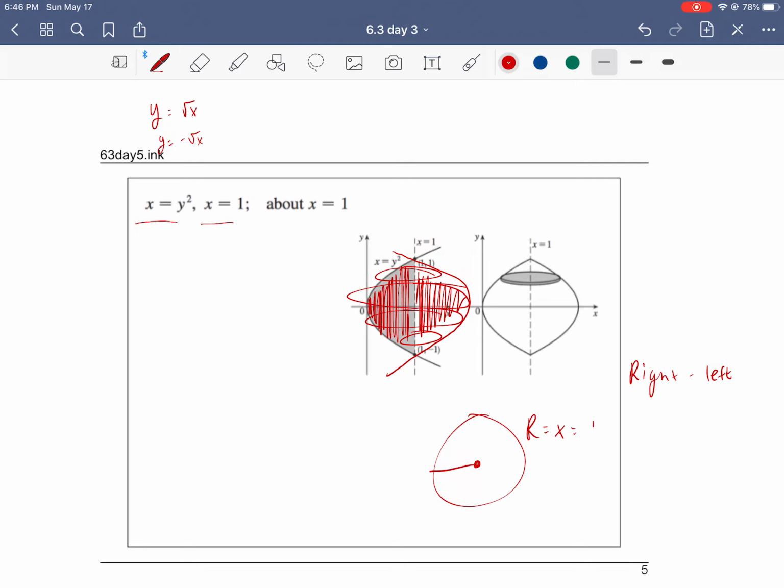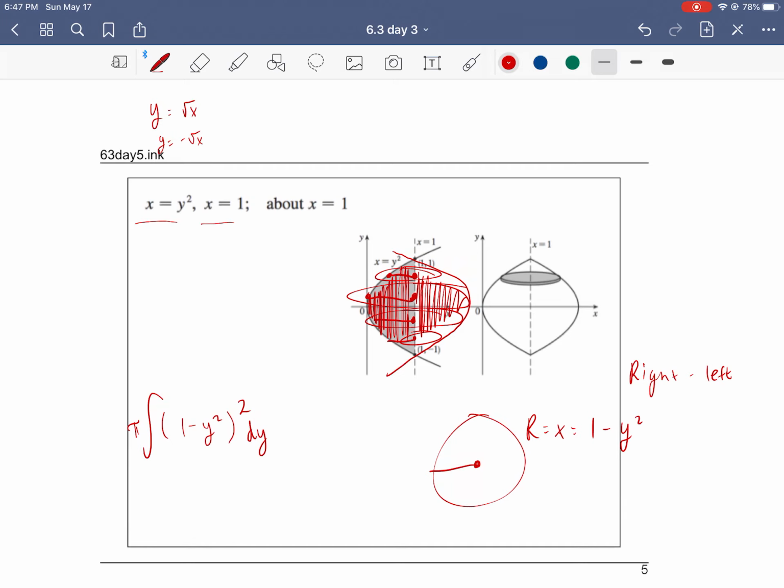So right would be the line x equals 1. Left would be the y squared. So that would give us that distance at any given moment along this curve. 1 minus y squared. Okay, dy.